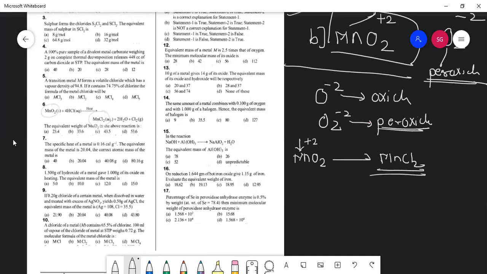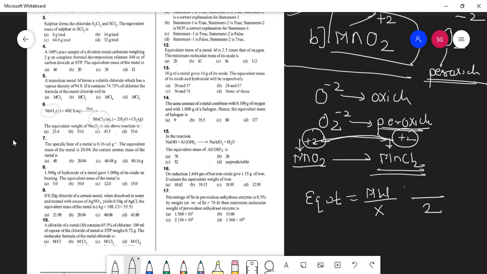And in MnCl2, how much is Mn? 2. Yes, very good, 2. Means this question is also of redox reaction, students, but this is 2 plus, this 2 plus means its oxidation state is not changed, and they asked us equivalent weight. We know equivalent weight is molecular weight divided by factor X, and we know factor X is not changing, so factor X is 2.